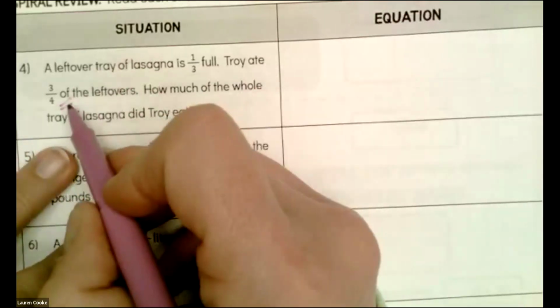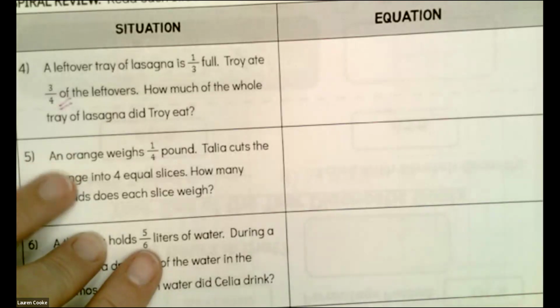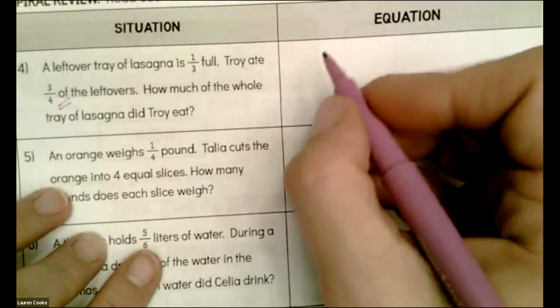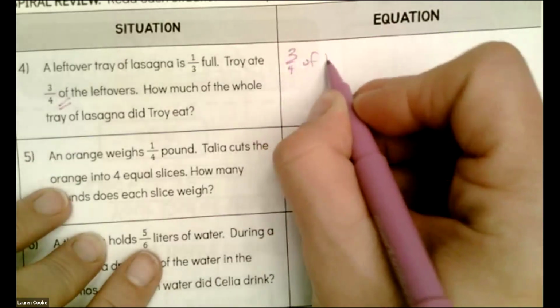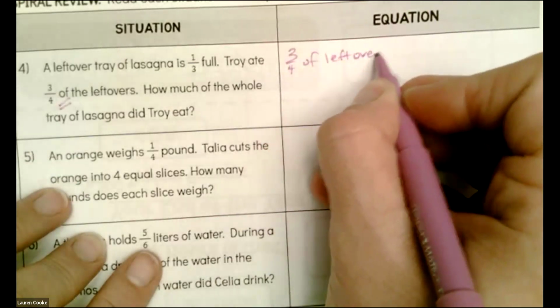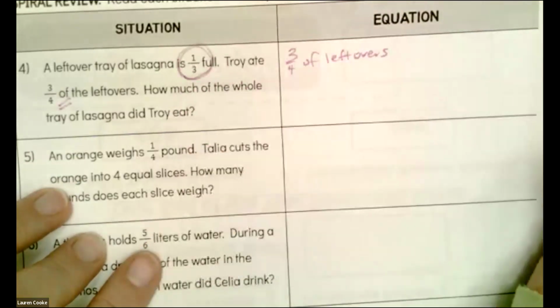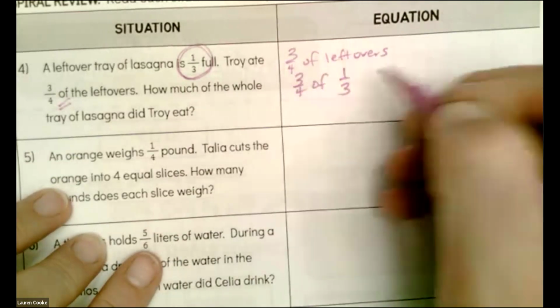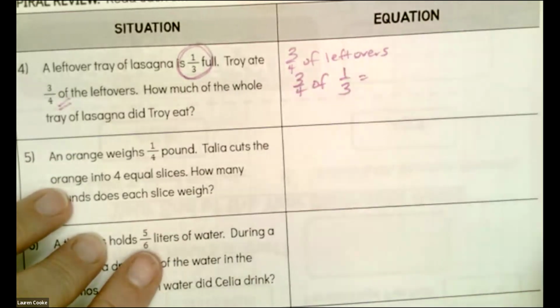Oh, Trey and Troy. Okay. One thing I like to do is to use words to represent the numbers, and then I can just replace the numbers where the words were. So if I have 3/4 of the leftovers, I'm going to replace leftovers with 1/3. And I know that that is now multiplication.